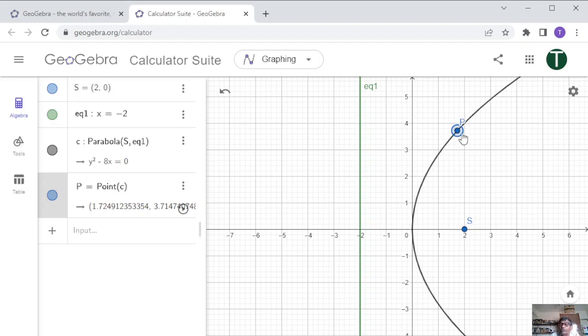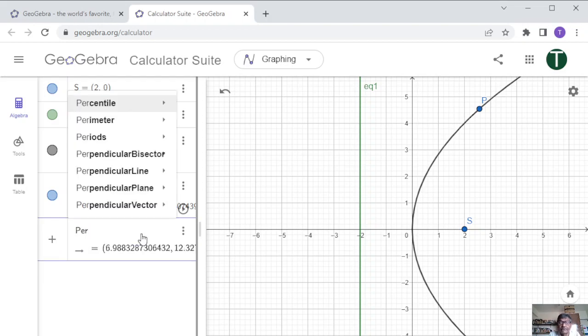Now what we want to do is this point. I will take this length and this length, so I have to drop a perpendicular from this point P on this green directrix line. So how to draw that? That too can be drawn by writing a perpendicular line command.